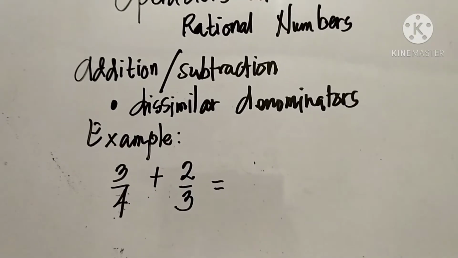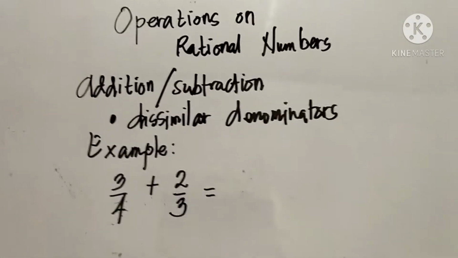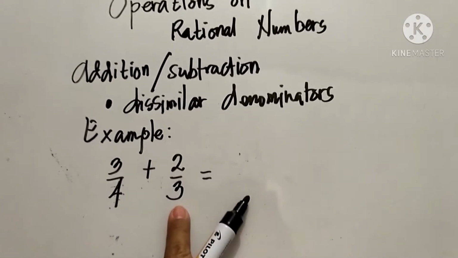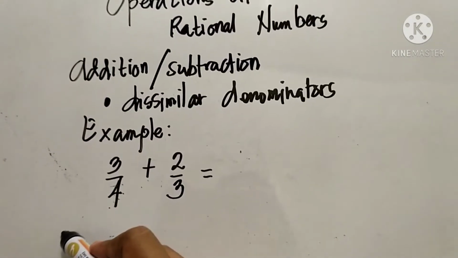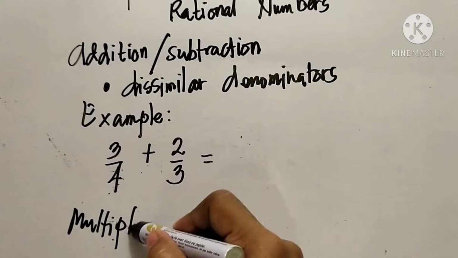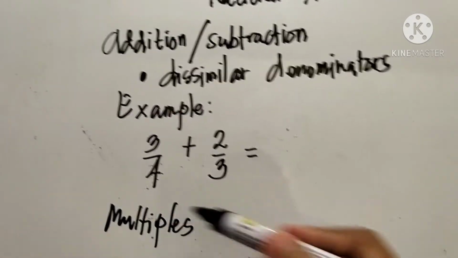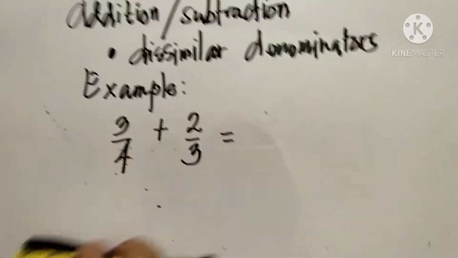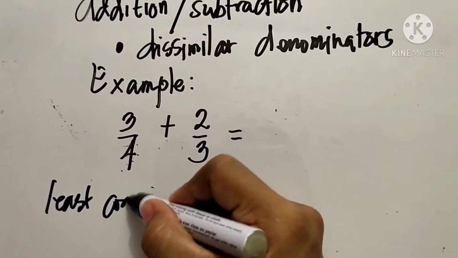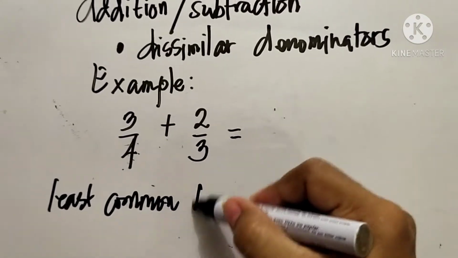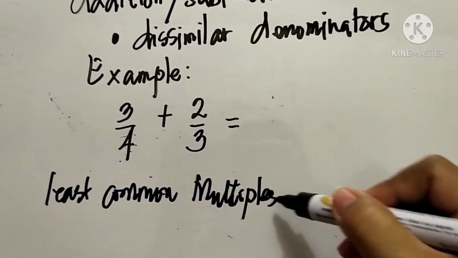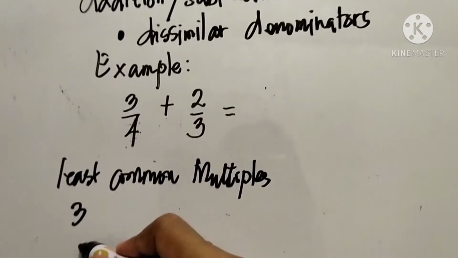Okay, here, if the given is like this, so we will look first for the multiples of 3 and 4. We'll get the least common multiples, I mean, of 3 and 4.